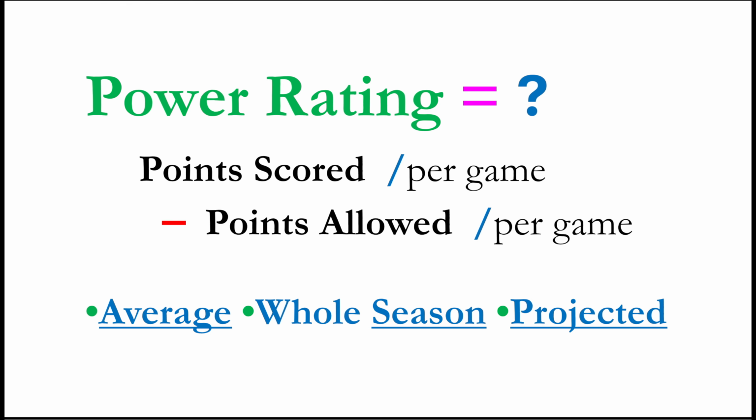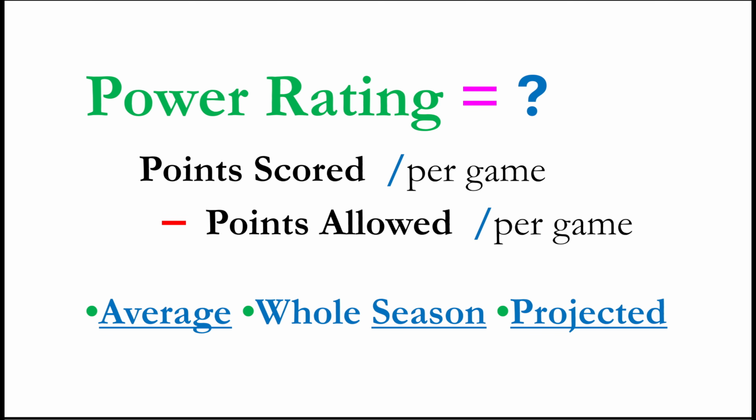So again, the key word is it's average, it's for the whole season, and it's projected. So hypothetically, if you had a time machine and you went to the end of the season and you looked at points scored per game and points allowed per game, you could calculate the true power rating for the team. But of course, you'd have to adjust for injuries, home field, road, and strength of opponent.